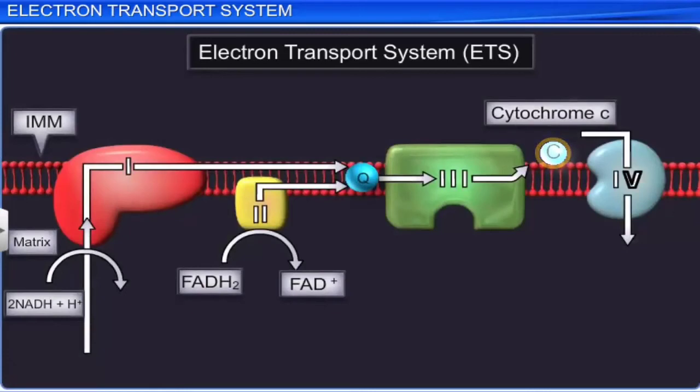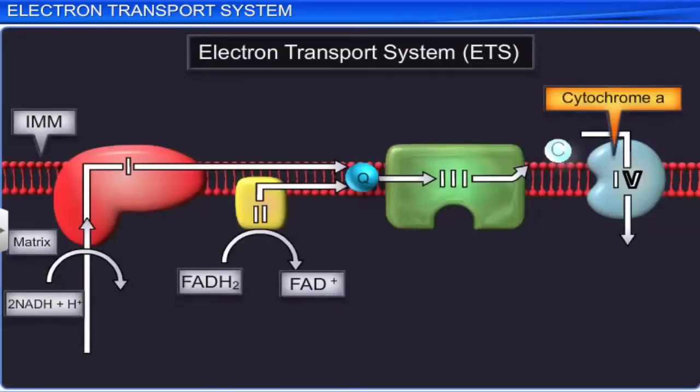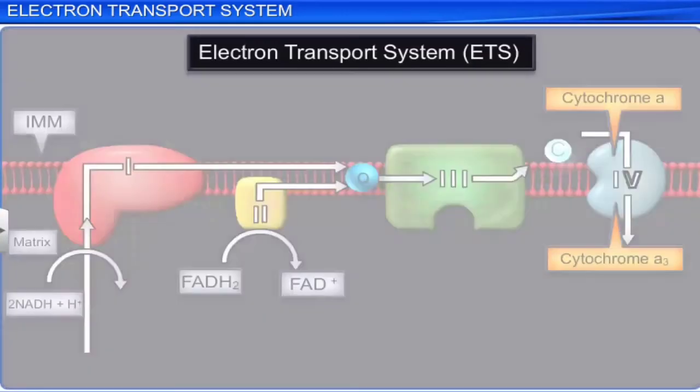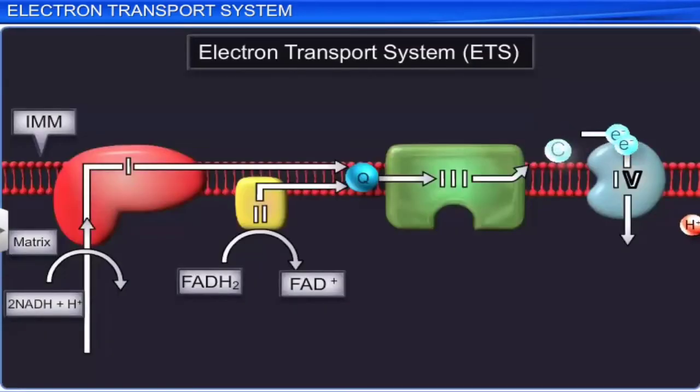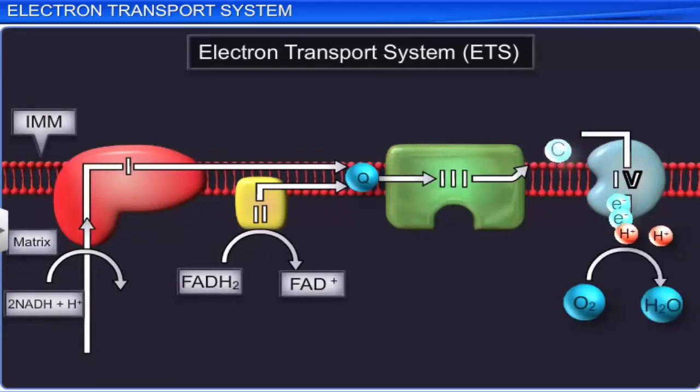Cytochrome c is a mobile carrier attached to the inner membrane of the mitochondria and helps in the transport of electrons between complex 3 and complex 4. Complex 4 contains cytochrome a and cytochrome a3. It transfers the electrons to the final electron acceptor, oxygen.